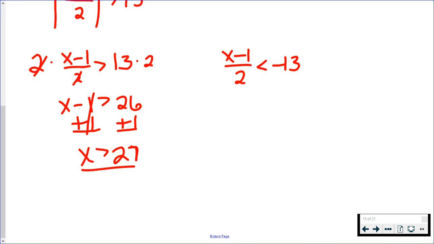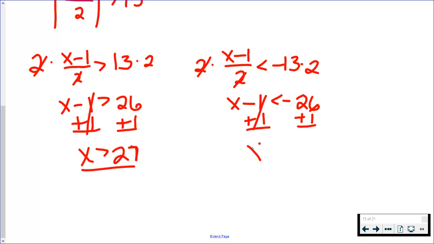So that means it's every single number you could possibly think of that's greater than 27. My second equation gives me x is less than -25.